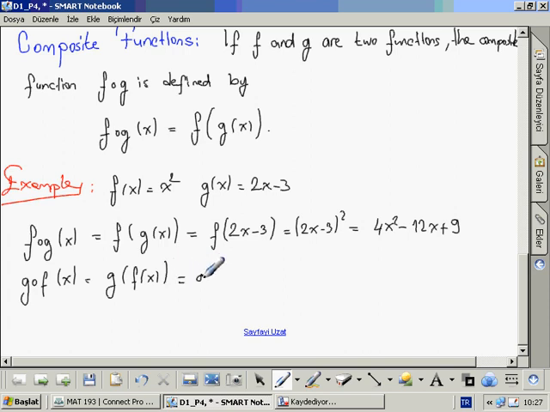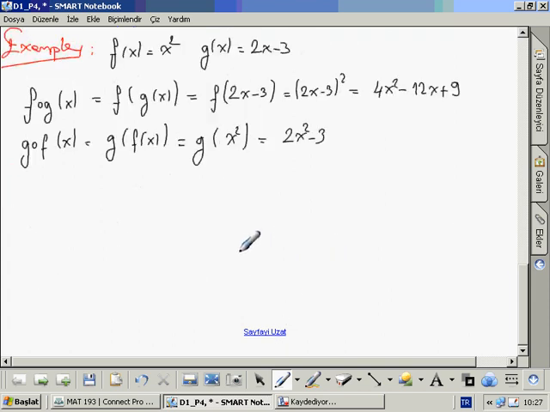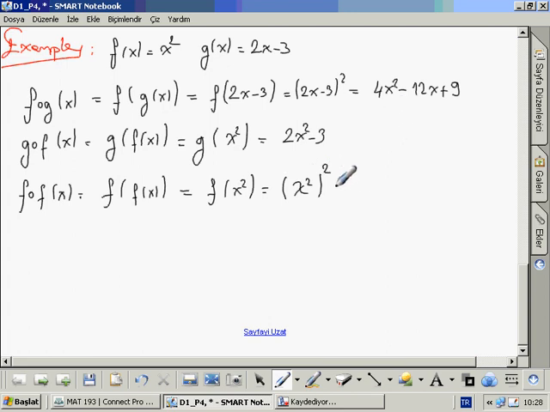And let's talk about g composite f function, and that will be g of f of x. So g of x squared, and it will be 2x squared minus 3, right? And the f composite f function is f of f of x, so it will be x squared to the power of 2, which is x to the power of 4.